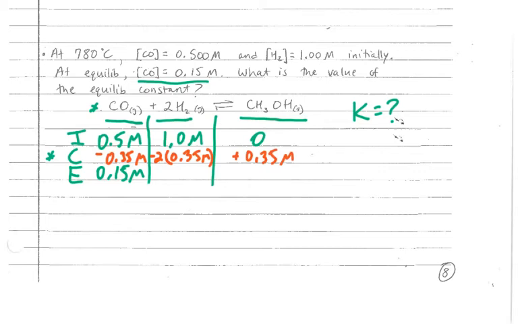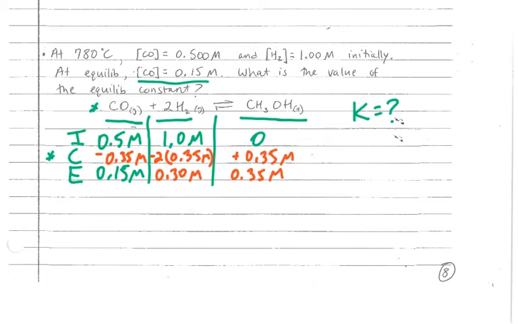So the equilibrium concentration for the methanol is just going to be 0 plus 0.35. And the equilibrium concentration of the hydrogen is going to be 1 minus, and I'll do this to the side, 1 minus 2 times 0.35, which is 0.7. So that will be 0.30 molar. Okay, I'm going to erase my little math over here on the side.